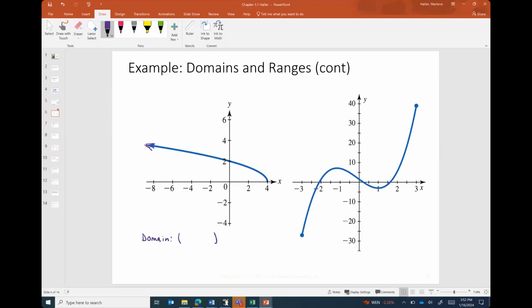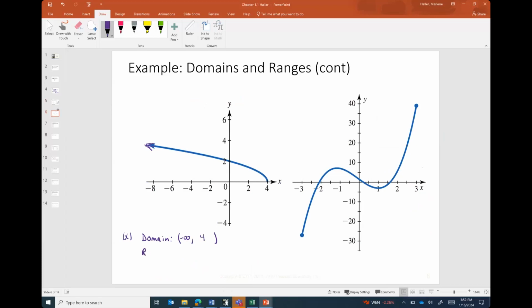Since it goes to -infinity, I just want to say all the way to -infinity. Now the upper bound, the rightmost or the highest value in this domain, is going to be 4. So we want all the x coordinates of all the points on that graph specified as an interval for the domain, because domain refers to x.